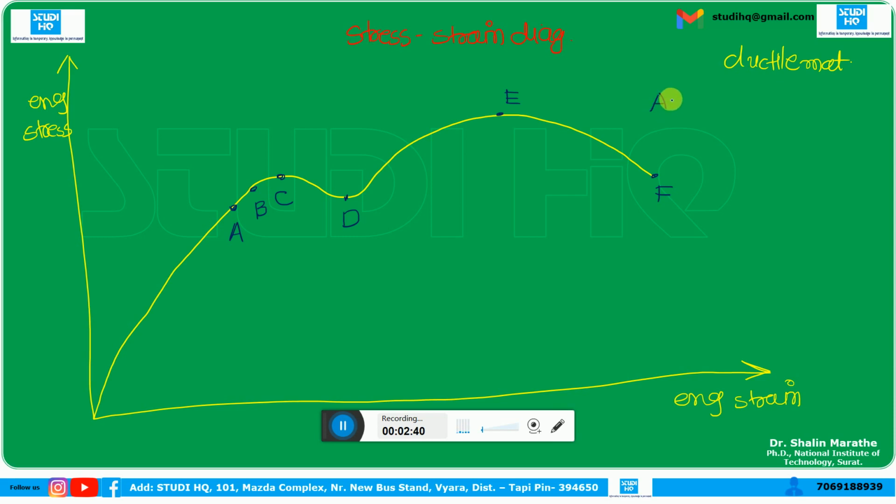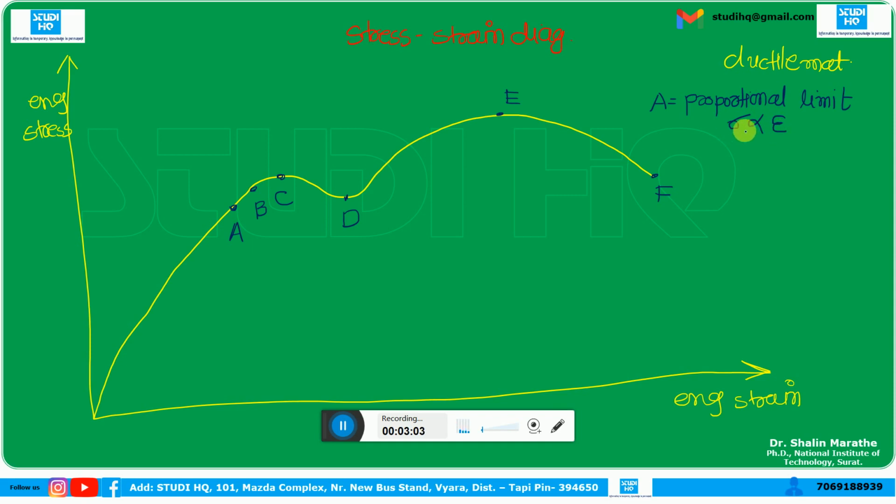Okay, so now let us know all the points with their names. Point A is known as the proportional limit. Why is it known as the proportional limit? Because up to point A, the stress generated in the material is proportional to the strain generated in the material.